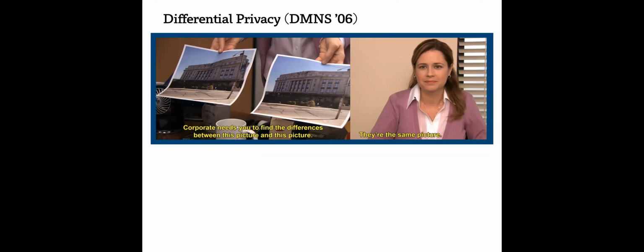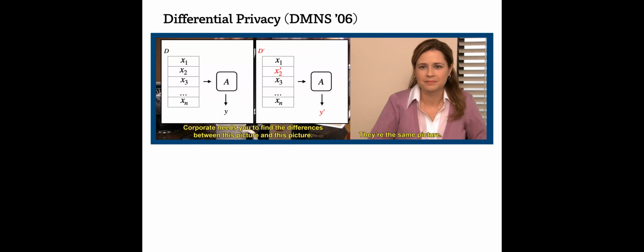This is Pam, and over here she's handing someone two pieces of paper and says, corporate needs you to find the differences between this picture and this picture. Pam then reveals behind the scenes that in fact they're the same picture. And so I think this is very similar to the definition of differential privacy.